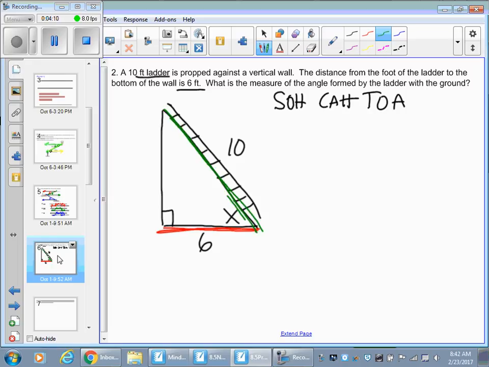Hypotenuse and adjacent, that is going to be cosine. So we've got the cosine of x equals adjacent 6 over 10.